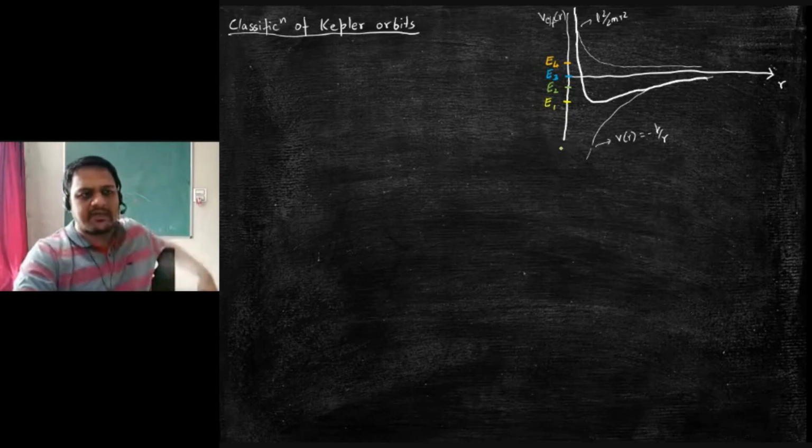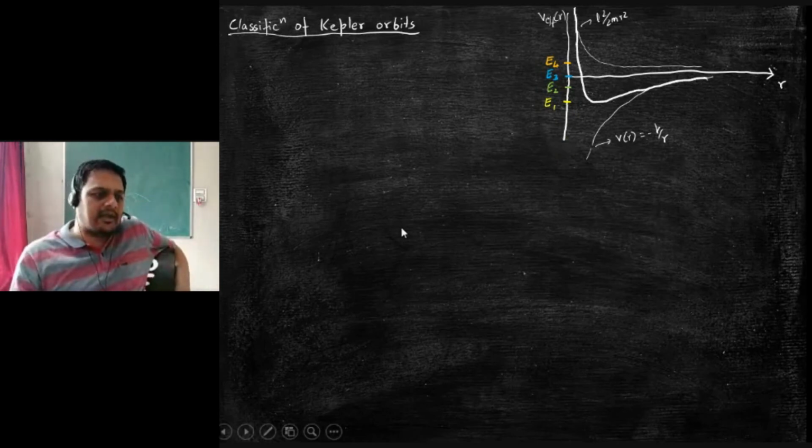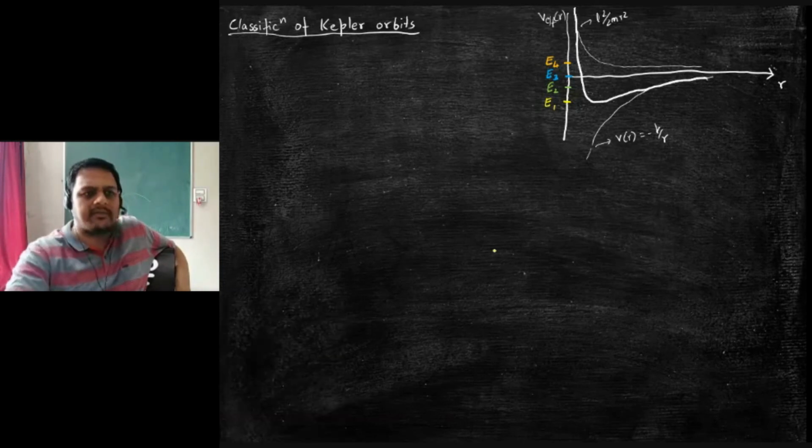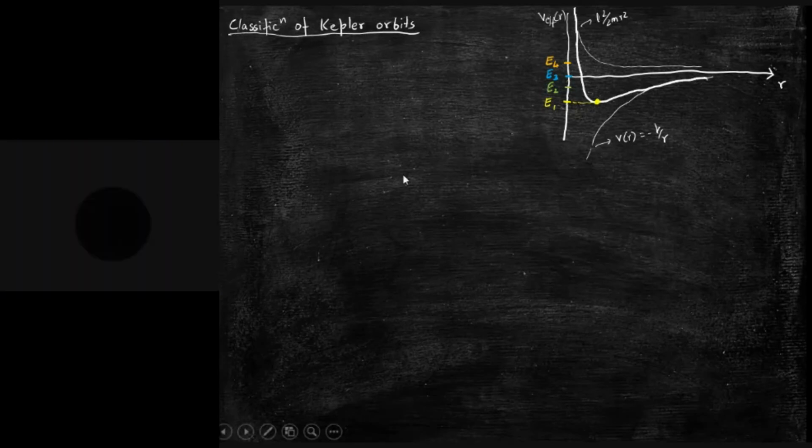Okay, 4 energies we have taken. Can you tell what type of orbits we will have during those particular times? E1 is circular orbit.